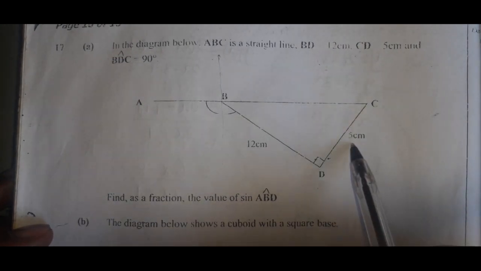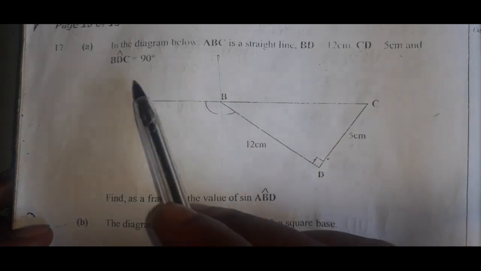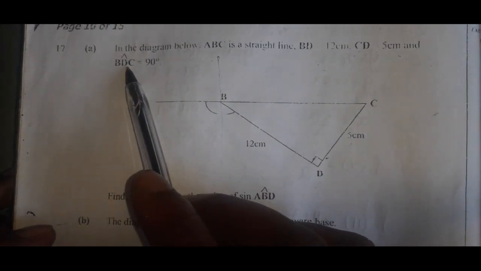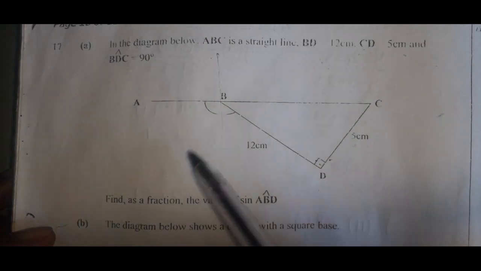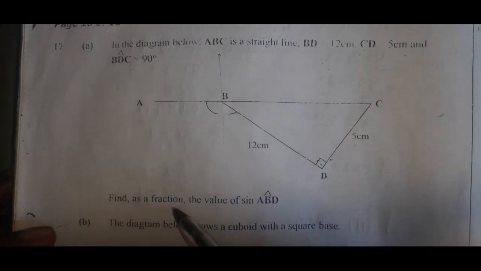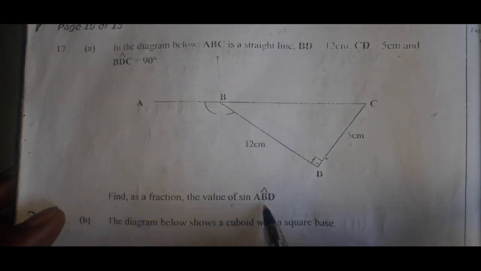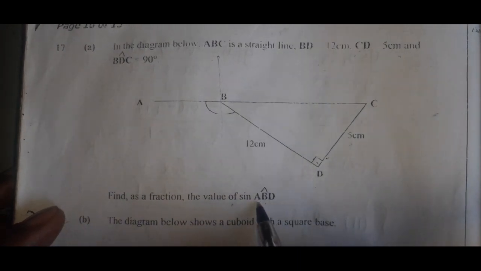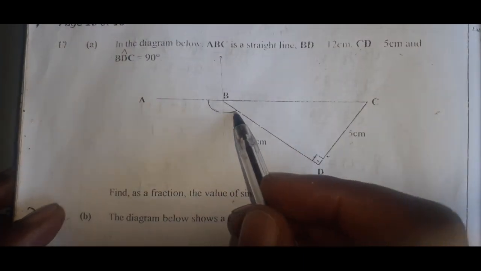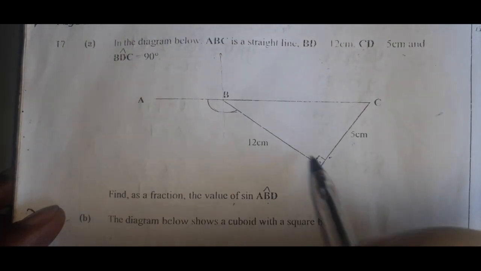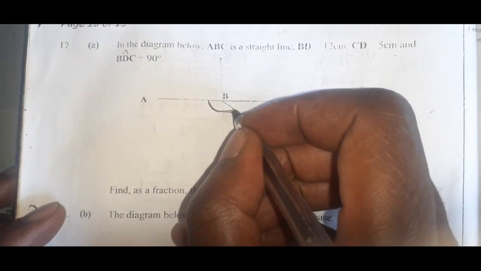CD is equal to 5 centimeters. And angle BDC is 90 degrees. Find as a fraction the value of sine ABD, which is this angle here.